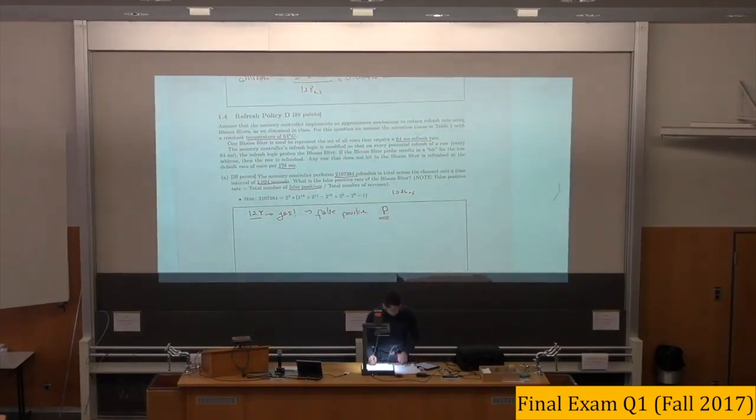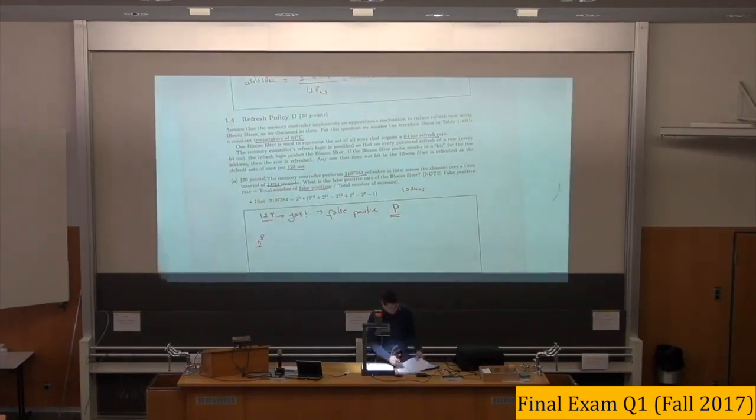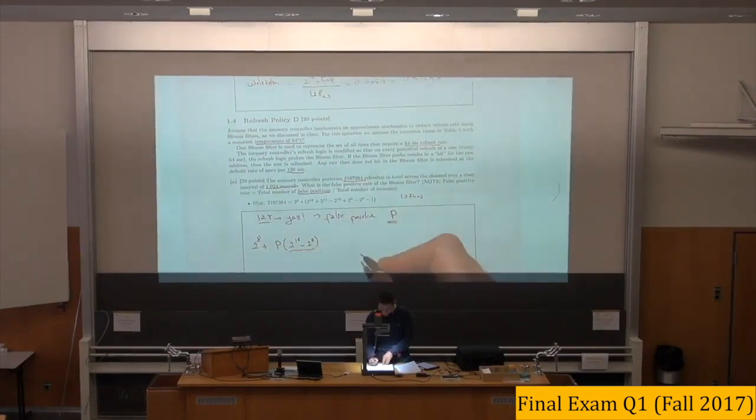Let's write it like this. We have 2 to the 8 rows here that should actually be refreshed within 64 milliseconds. Plus, we have 2 to the 18 minus 2 to the 8, which is the rest of the rows that should actually be refreshed within 128 milliseconds, and P is the fraction of the rows that were false positive.